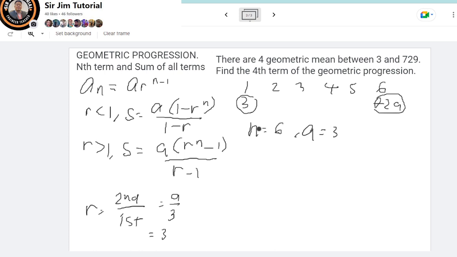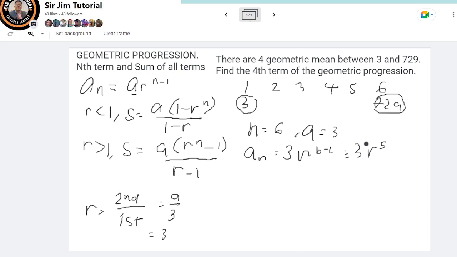So from the formula, we have a_n is equal to 3 for a, and then you have r to the n minus 1. Our n is 6 minus 1, so this is 3r to the 5.